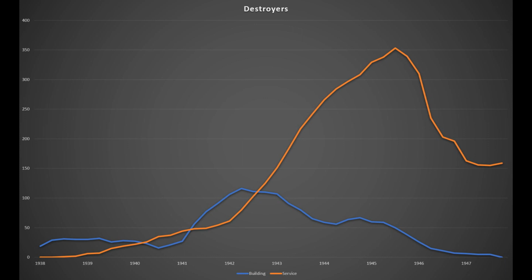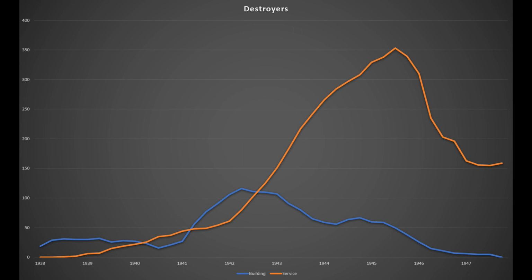You can just see as you head towards the end of 42, beginning of 43, the orange line graph there is just a little bit shallower before it picks up again in 43. That's the sum total impact of the Japanese Navy on US new build destroyer numbers.